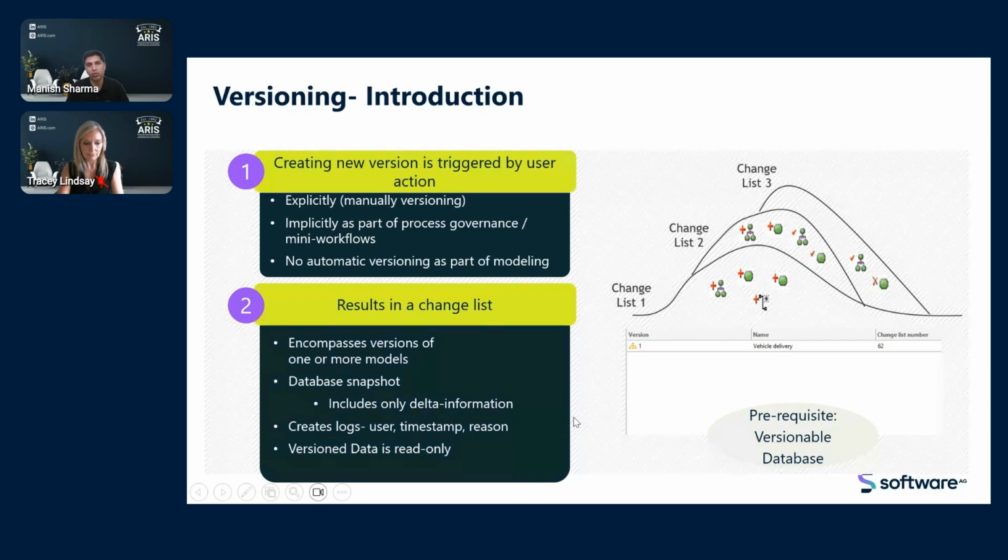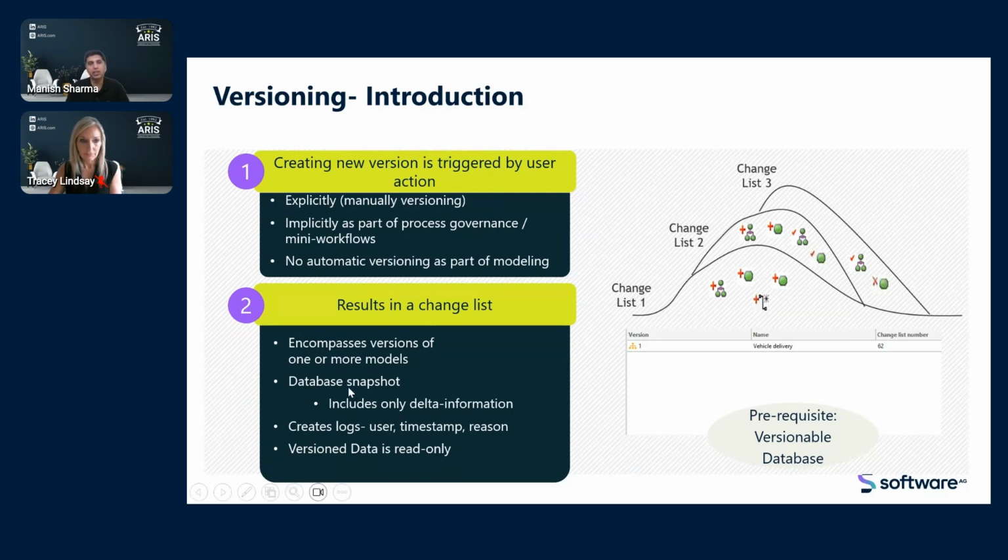You can version the whole database as well in one go if you want to. But the point to be noted is that versioning is done at a model level at least. You cannot version an object. The model is what is being versioned.